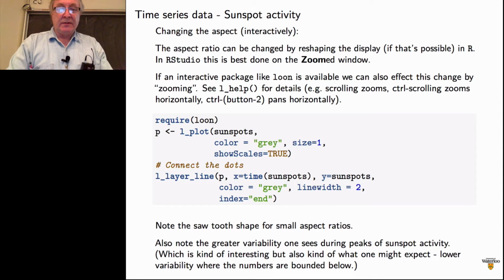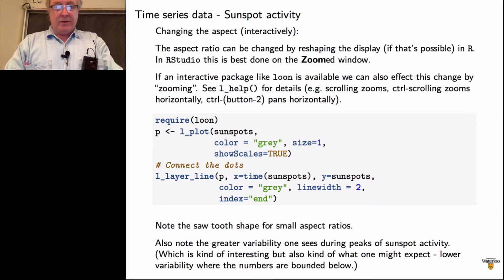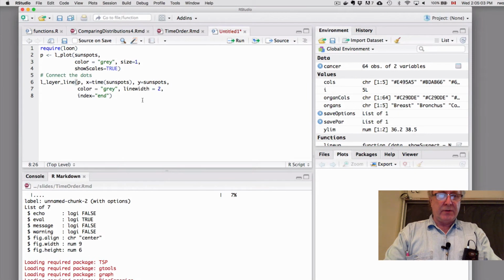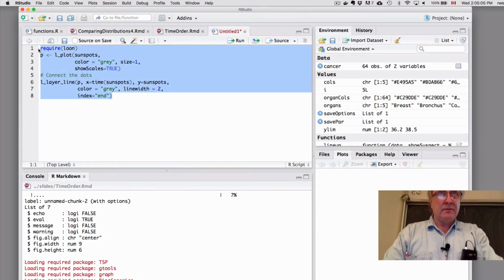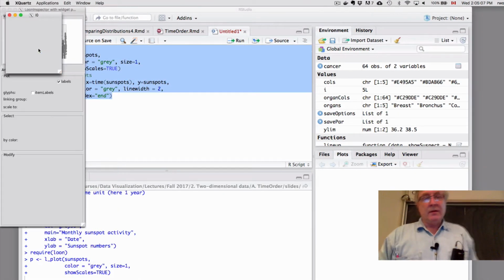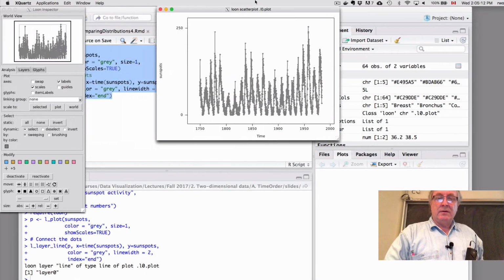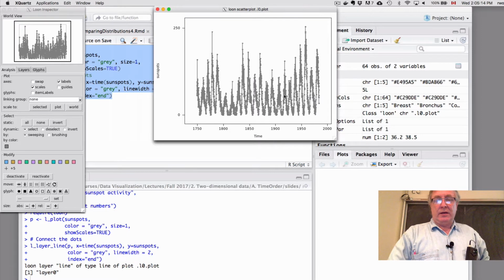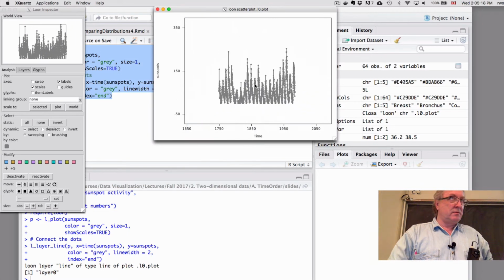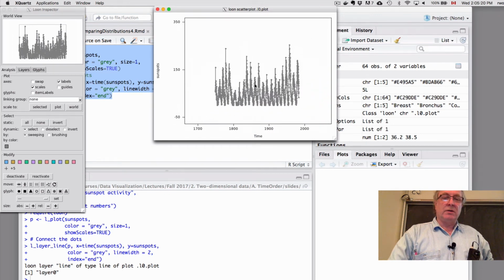All right. Let's look at this. Sometimes things are, I'm going to use Loon. Have we used Loon already? Yeah, okay. So here are the sunspots activity for Loon. And in Loon, you can sort of zoom in and zoom out. Right, this is just scrolling.